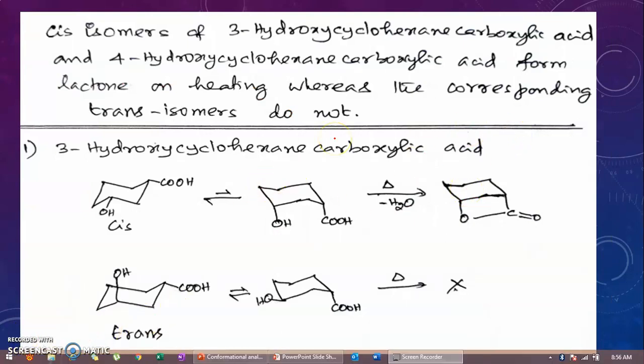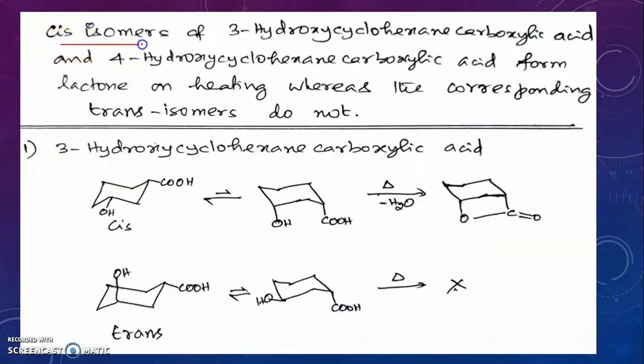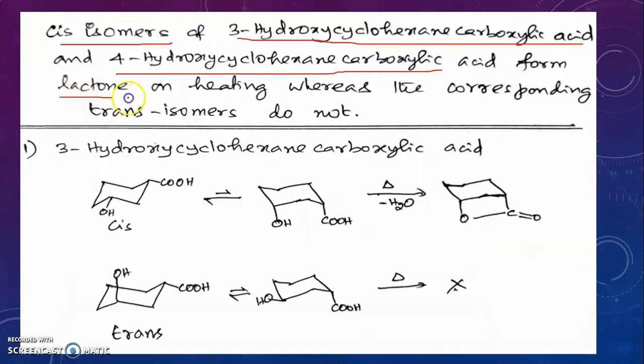The next reaction. The cis isomers of 3-hydroxycyclohexane carboxylic acid and 4-hydroxycyclohexane carboxylic acid form lactone on heating, whereas the corresponding trans isomers do not.